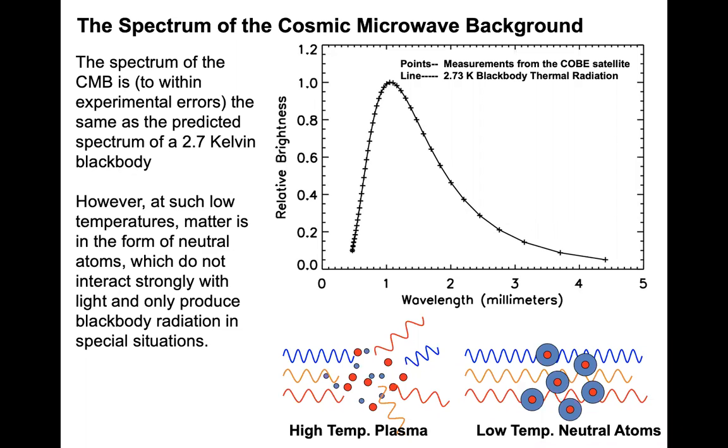And this is true. It's very hard to make blackbody spectra at low temperatures. So we have an apparent contradiction here. The spectrum is that of a perfect blackbody, but those shouldn't exist at lower temperatures. And the thing is, universal expansion explains this apparent paradox.